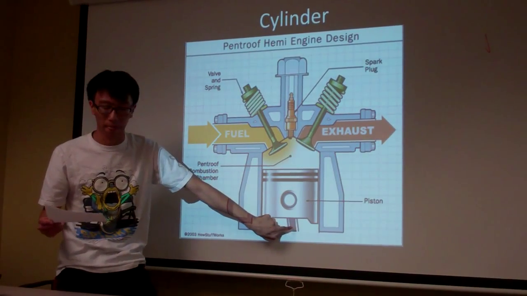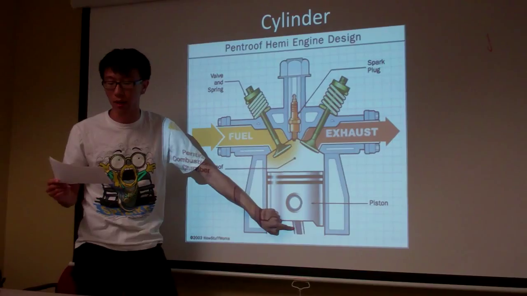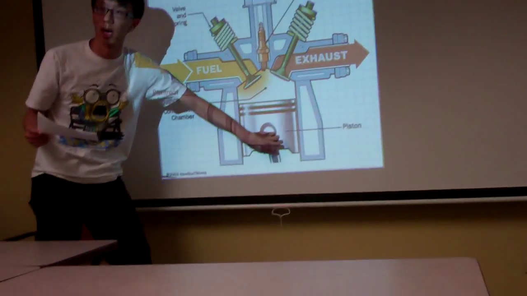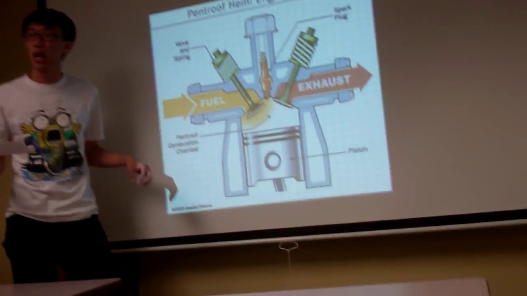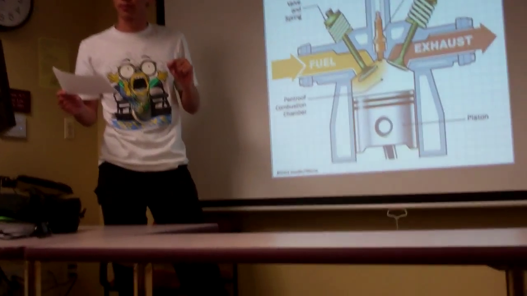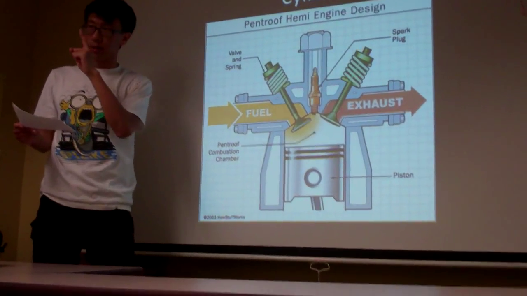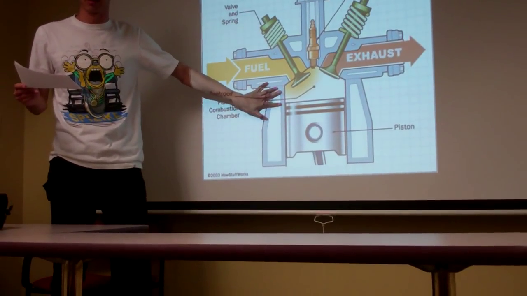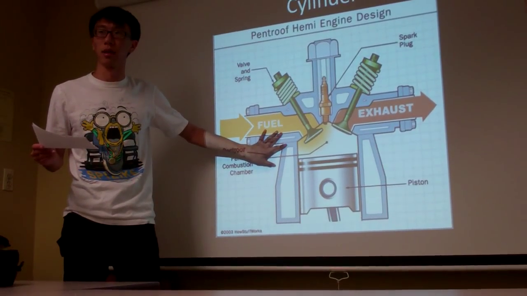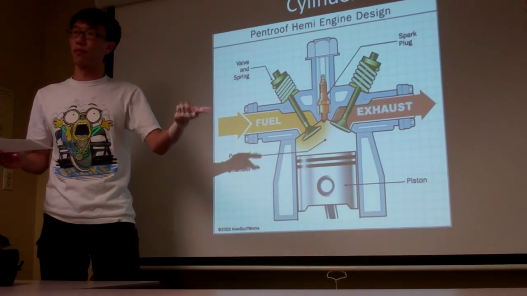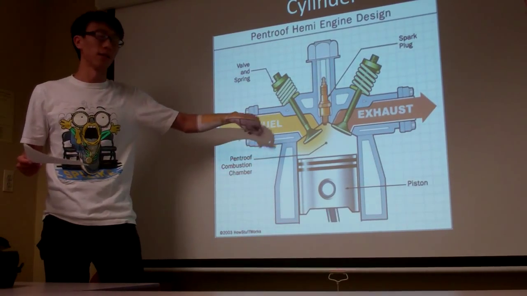And this is the connecting rod. It's a bar to connect to another axle. So that's the main structure for one cylinder in an engine. And we have 6 or 4 or 8 cylinders in the engine.